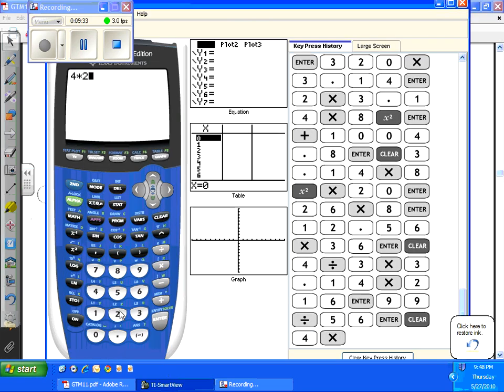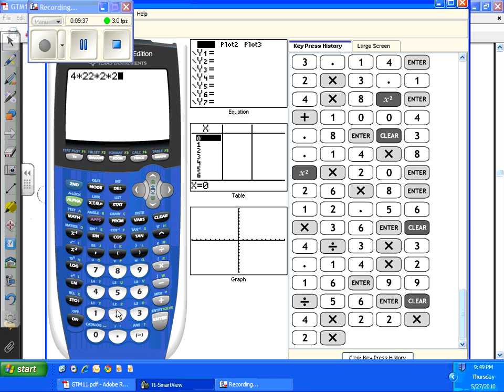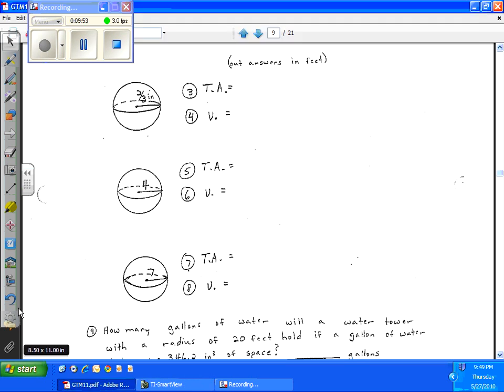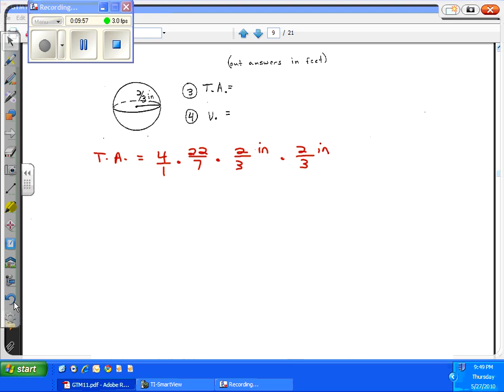Enter that, and we get 5.58 something. 5.58, that would be as a decimal.